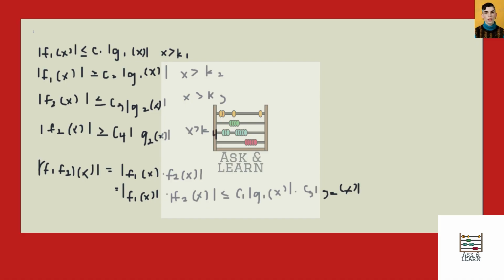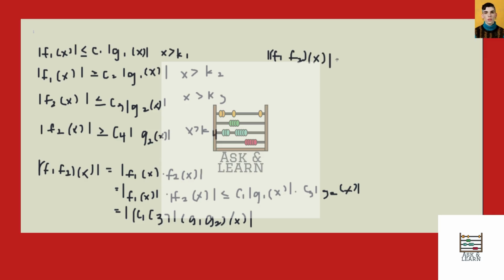And then this becomes equal to, after we simplify, the absolute value of c1c3 g1g2(x).